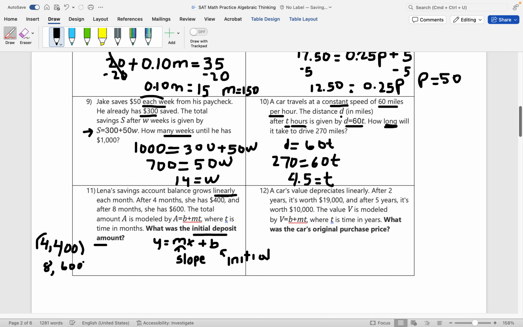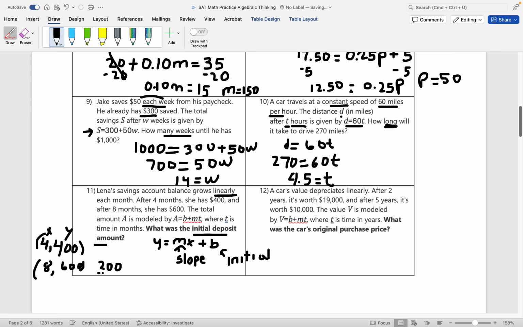Once you have ordered pairs, then you can find the slope, because the slope is the change in Y over the change in X. Remember, this is X and this is Y. So the change in Y is from 400 to 600. There was a change of $200.